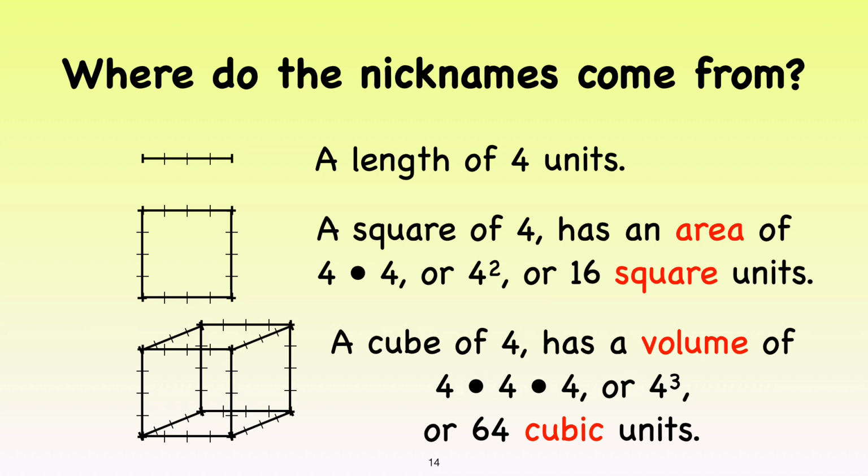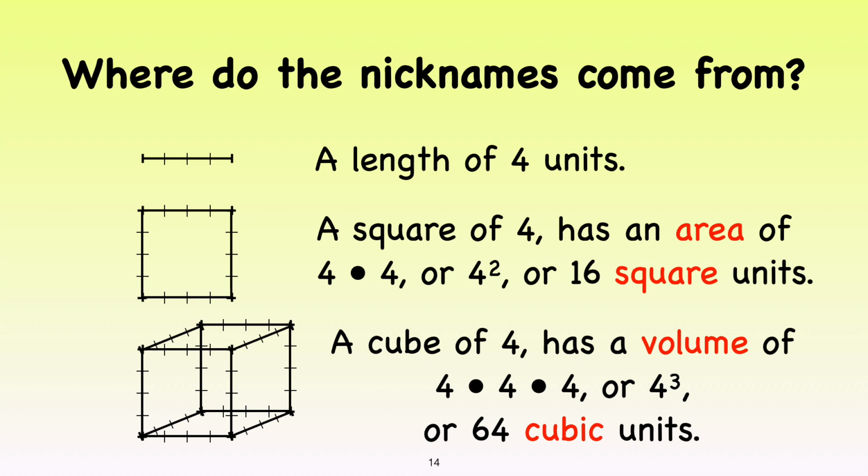A cube with all the edges the same length of 4 has a volume that we find by multiplying 4 by 4 by 4. And since it fills a cube, we can say 4 cubed. 4 times 4 times 4 is 64 cubic units.